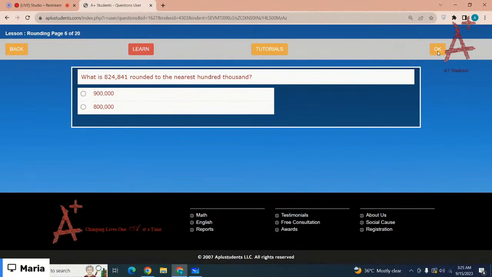So which digit is at the thousands position? 100,000, sorry. 8 is at the 100,000, right? It would be rounded off to 800,000, right? Because right next to it you have 2, and 2 is less than 5. That means you have to choose the second one. Very good. That would be the second option.